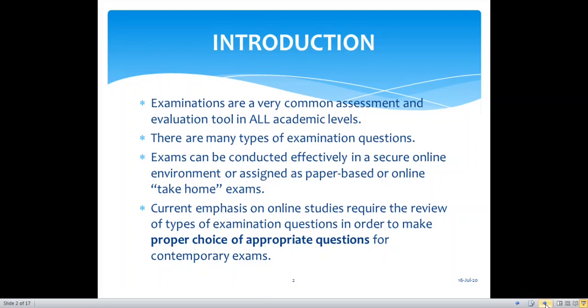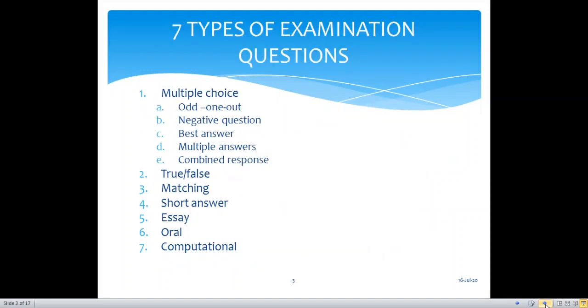Current emphasis on online studies requires the review of types of examination questions in order to make a proper choice of appropriate questions for contemporary exams. We shall look at 7 types of examination questions. The multiple choice.